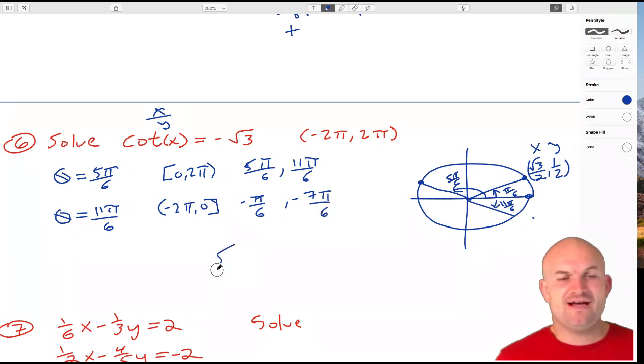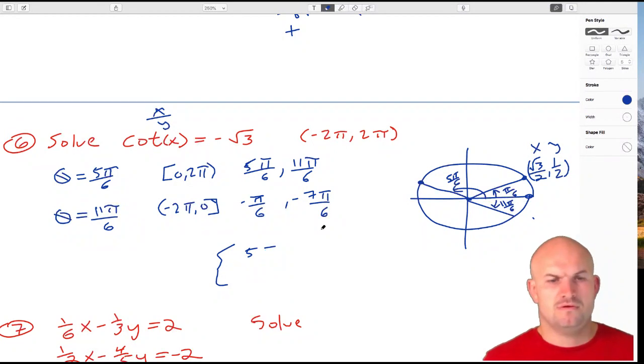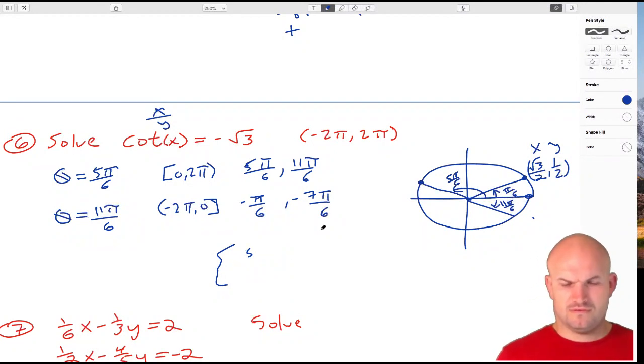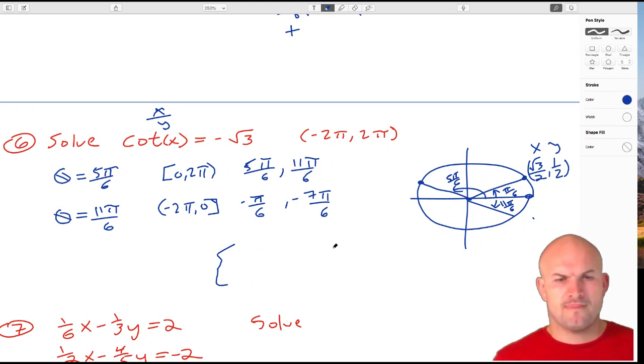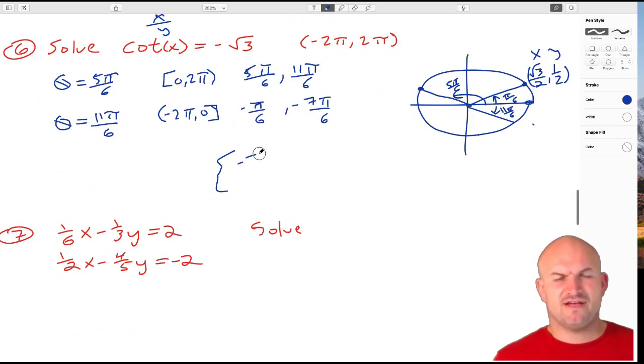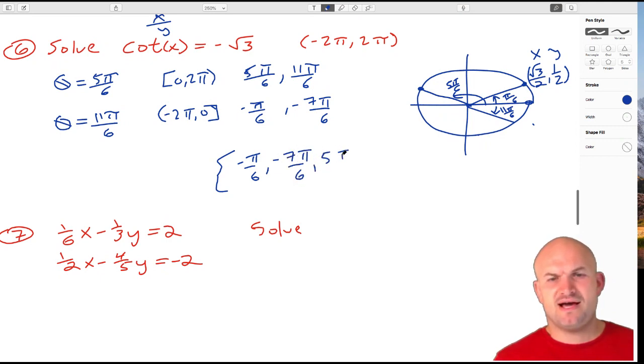So therefore, my final solution set, let's do it in order: negative 7 pi over 6, negative pi over 6, 5 pi over 6, and 11 pi over 6.